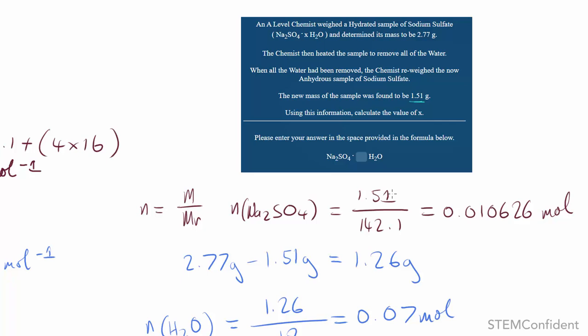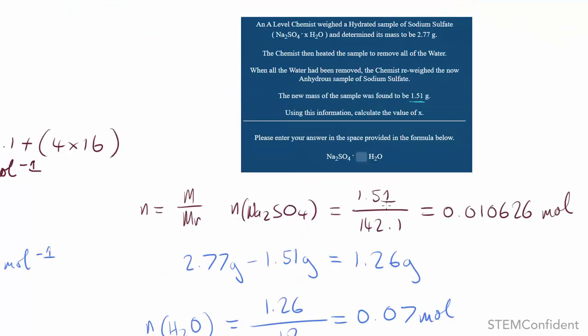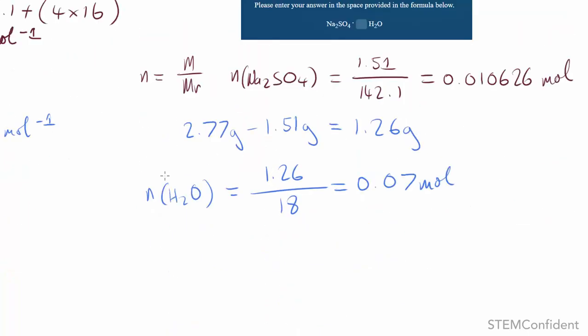Now at this stage, what we're going to want to do is put together a molar ratio. We're going to say for every X moles of Na₂SO₄, we're going to get a certain number of moles of H2O. And in this case, I'm going to put the Na₂SO₄ component on the left hand side. So what we can say is for n, being moles, right?